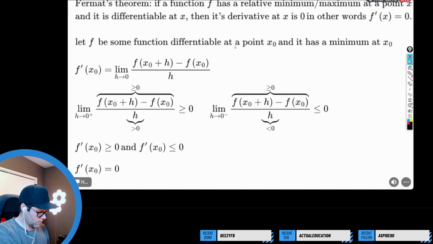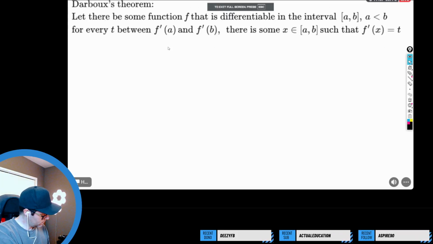But with this, we can prove another theorem, which is pretty cool, the Darboux theorem.